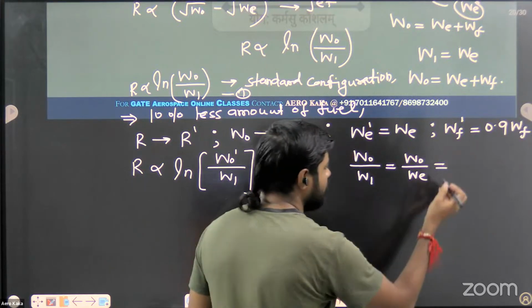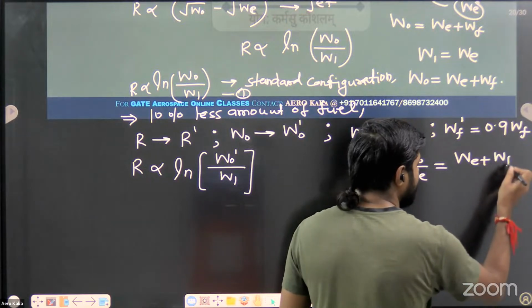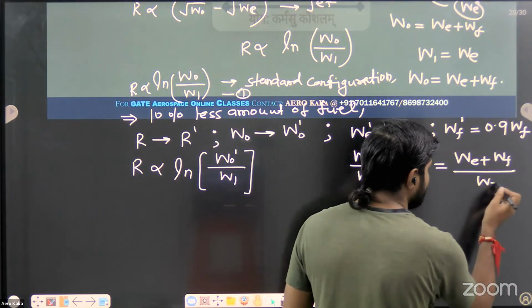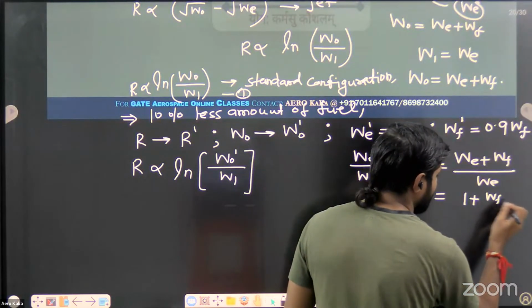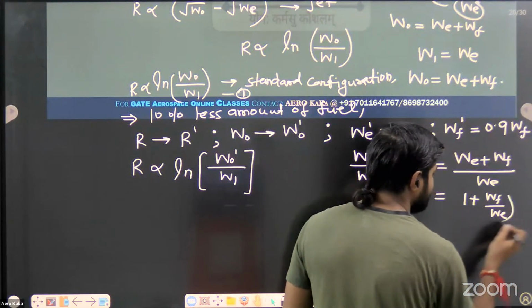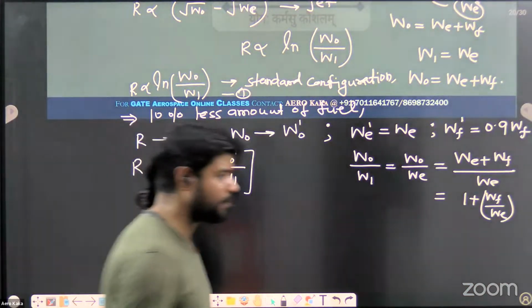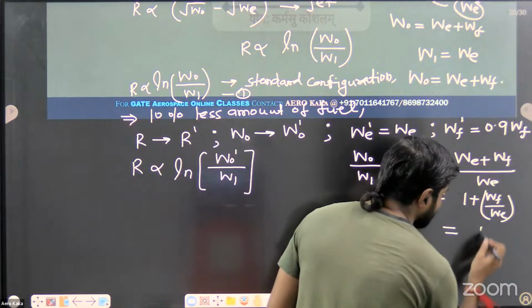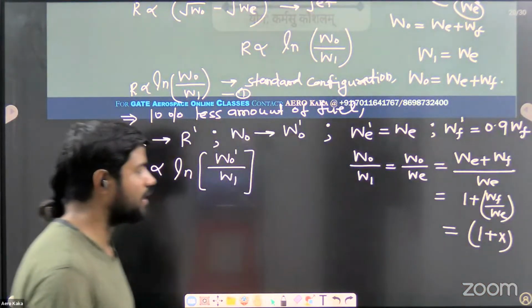W0 is nothing but WE plus WF divided by WE. Let me simplify it: 1 plus WF upon WE. Let's consider this WF upon WE as capital X here. So simply you can write 1 plus X. But please remember what this capital X is.